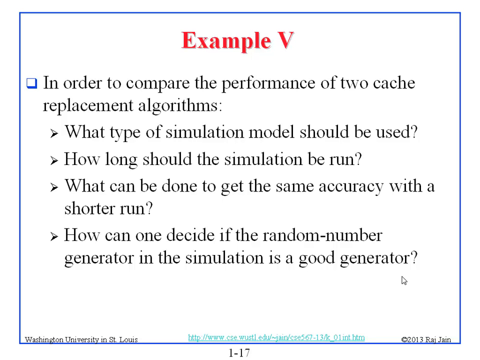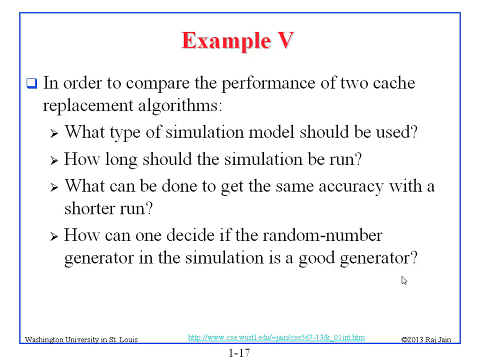So the question is, what type of simulation model should we use? And right now we haven't even talked about what the different kinds are, so I will not go into the answer. How long should the simulation be run? That's another thing: you run the simulation, so do you run it for a day or half a day or 1 hour or 30 minutes? That's a very important question. I can read a paper and tell you that this guy didn't run the simulation long enough. And we will teach you those techniques.